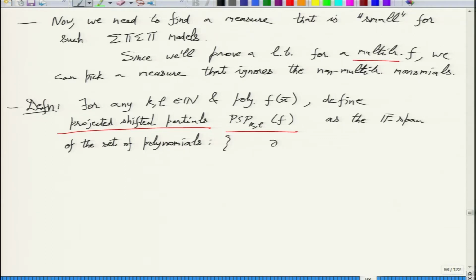We'll first differentiate f and then we'll multiply it by a monomial, and then whatever we get, we'll project it down to multilinear. So multilinear projection. Okay, so this is the action on shifted partials.